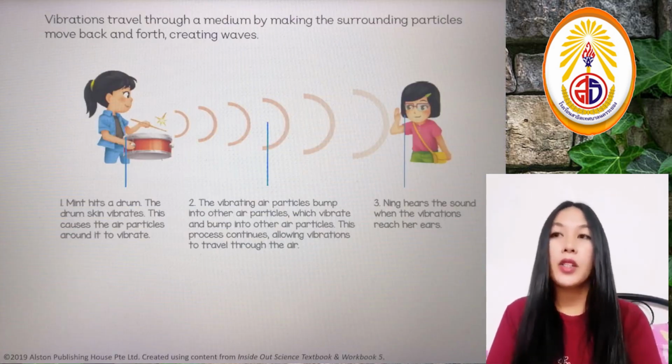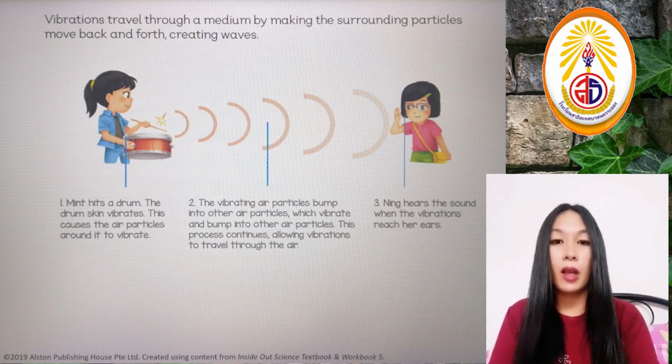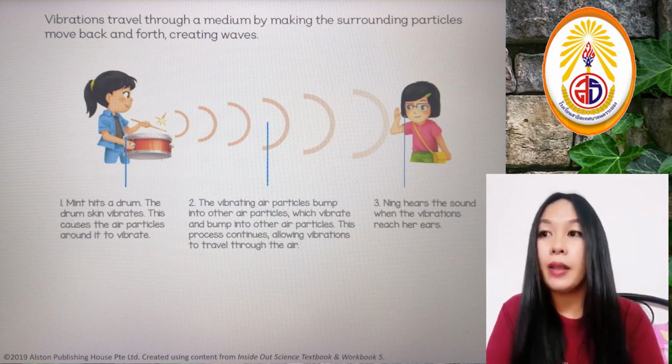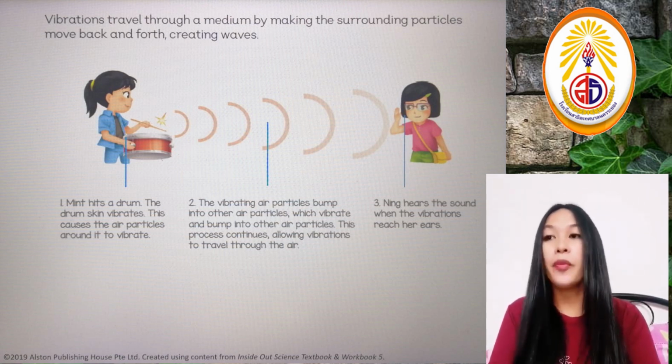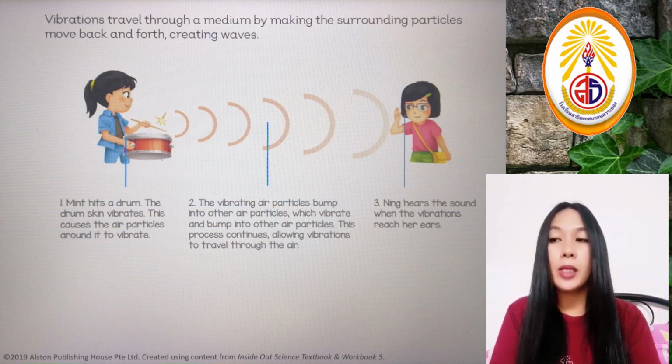So vibrations from the source of the sound travel through a medium by making the surrounding particles move back and forth, creating waves. For example, if Mint hits a drum, on the other end, the drum skin vibrates. There is a vibration, and this causes the air particles around it to vibrate.